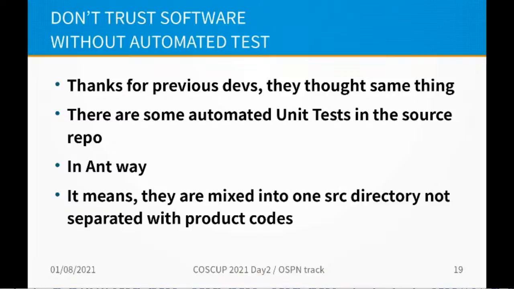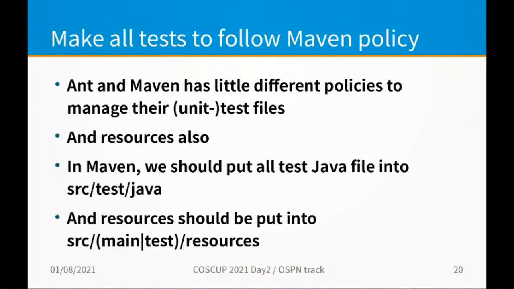So there are some automated unit tests in the source repo, but of course they are mixed into one source directory, not separated from the product code itself. So I have to separate the test code and the product code. This is a Maven policy.